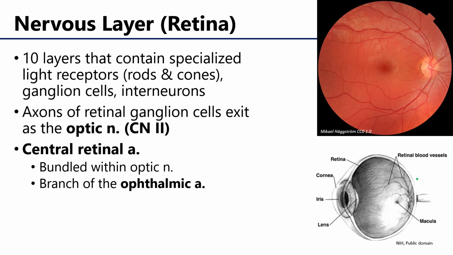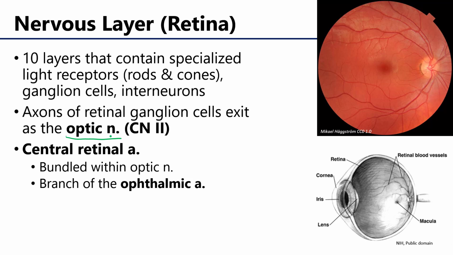This nervous layer consists of 10 separate layers of specialized photoreceptors, both rods and cones, as well as ganglion cells, interneurons, etc. And the axons from the ganglion cells of the retina are going to exit together and coalesce as the optic nerve or cranial nerve 2. So that's the special sensory nerve that conducts all of the special senses of sight back to the brain.